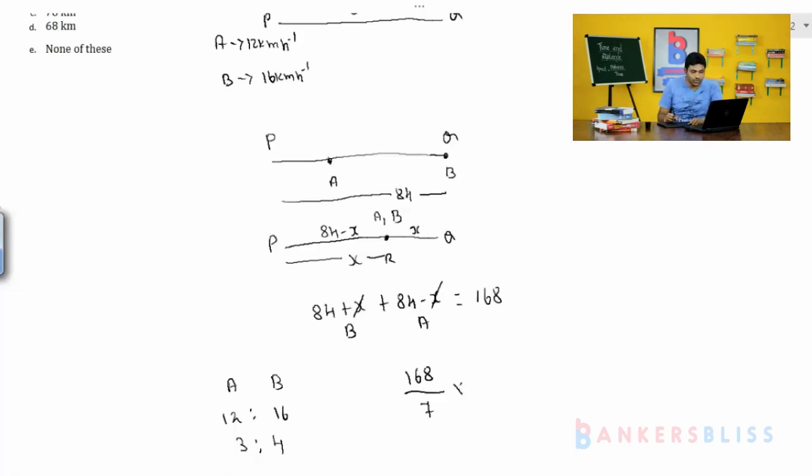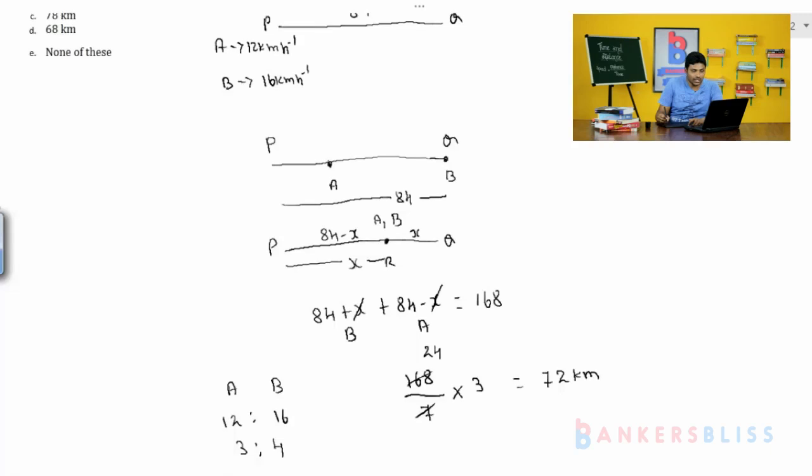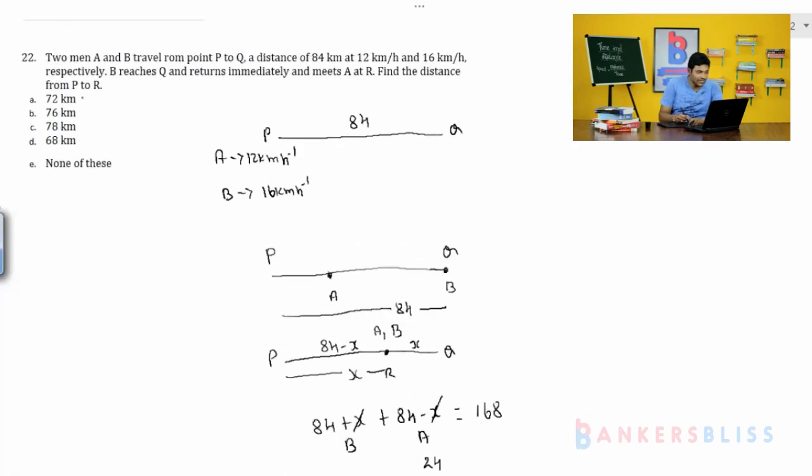We have to calculate the distance covered by A, so that is the distance between P and R, that is 3. 7 2s are 14, 7 4s are 28, 24 into 3, 4 3s are 12, 1 carry over, 3 2s are 6 plus 1, 72. So the distance between P and R is 72 kilometers.